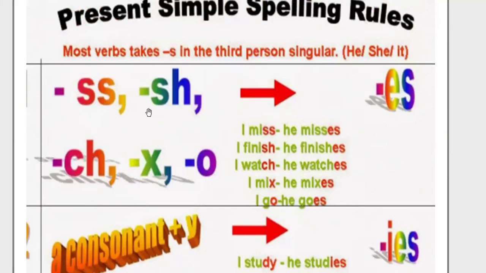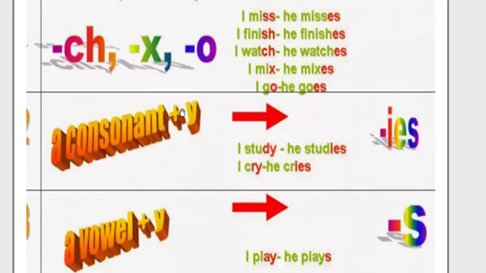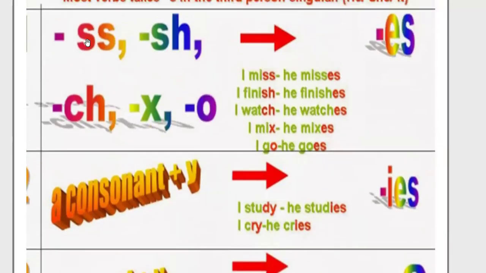Basically, the first group of rules is the endings s, ch, ss, sh, x, o. And the ones that end in y, we divided in two: they have a consonant or they have a vowel. And in the third group, if it's not here, add that. That's it.